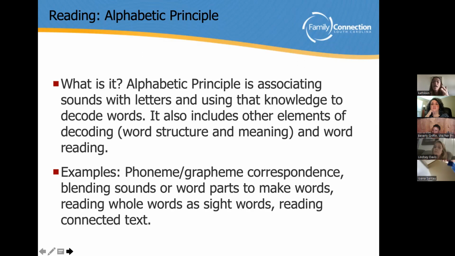You may see O-A. You may see O-U-G-H. You'll see all different ways of spelling that same sound. For the kid with dyslexia, you're going through a sea of letters and sounds, and you don't have that ability to feel secure that you know what it is.